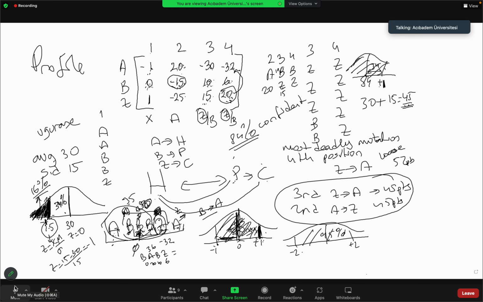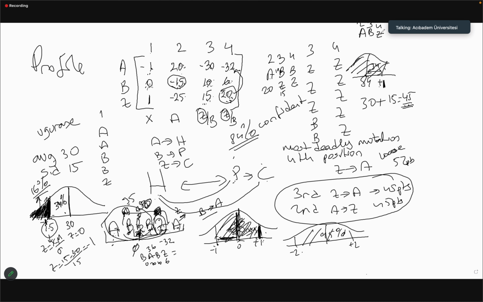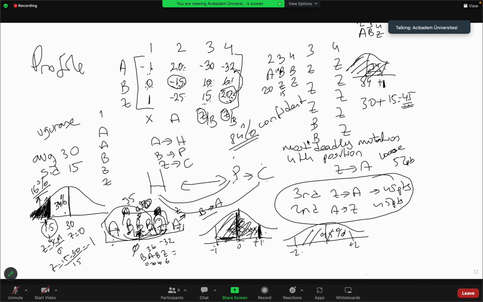So if you have A at position 2 and B at position 3, then position 4 has to be Z. Because A 20, B 30, to increase it over 45, between B and Z, you have to have Z.